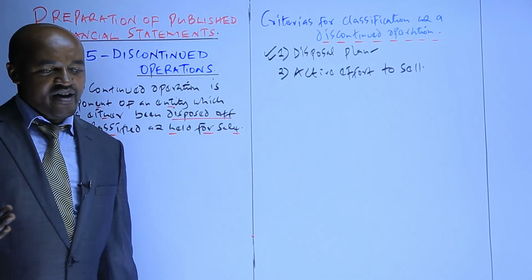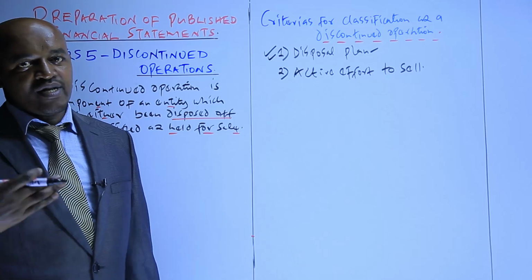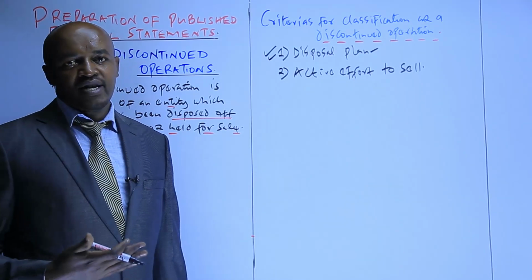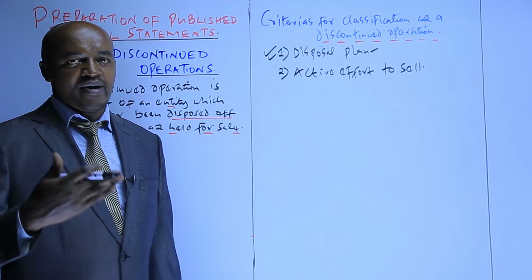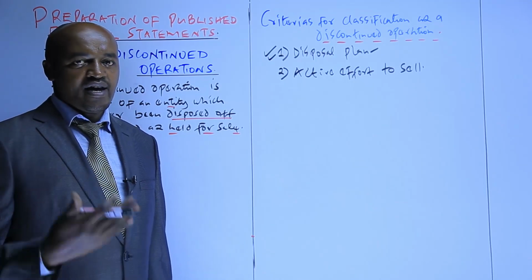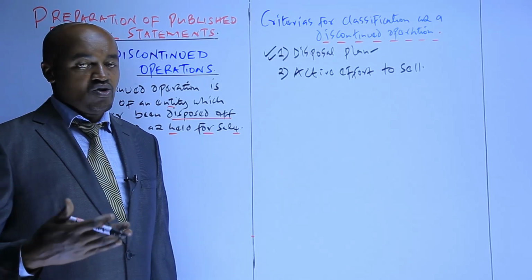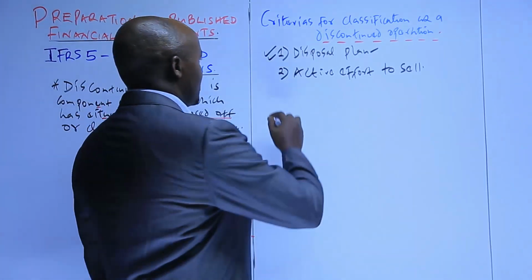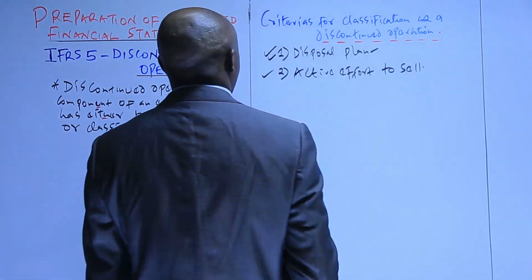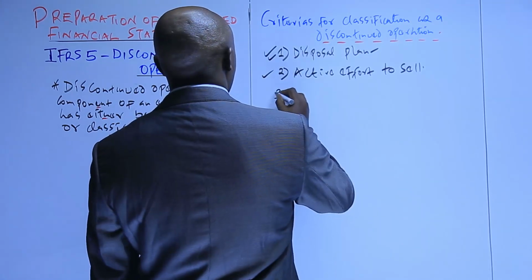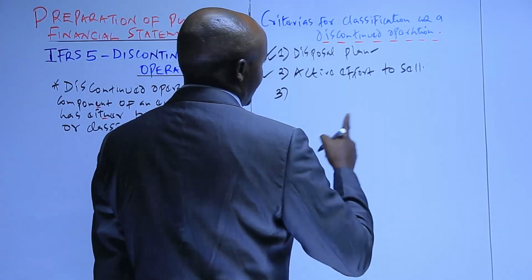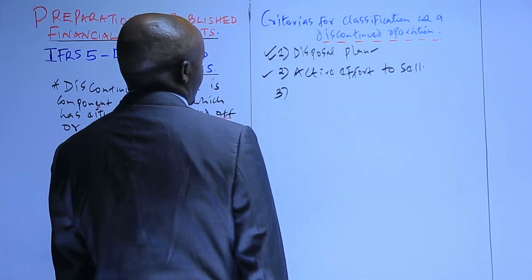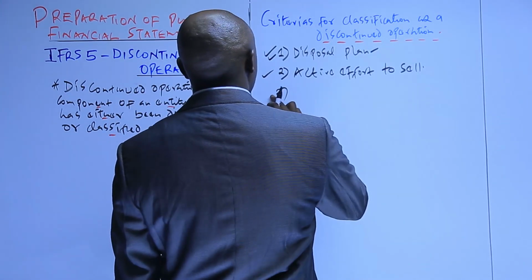When we talk about active effort, this is where, for example, the management is committed to looking for a buyer of that particular asset. Maybe there is an advert in the newspaper or in the media, where the company has already announced its plan to sell that asset. If that is the case, then we say that there is an active effort by the management of the company to sell that asset. Then such an asset should be classified as a discontinued operation.